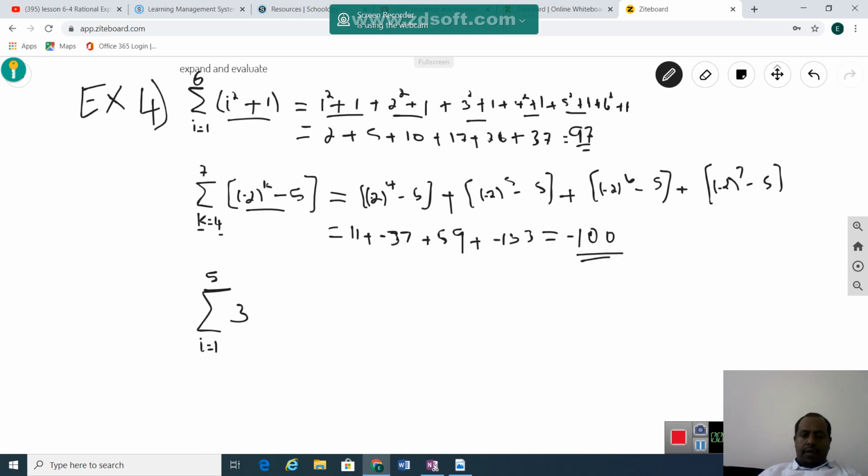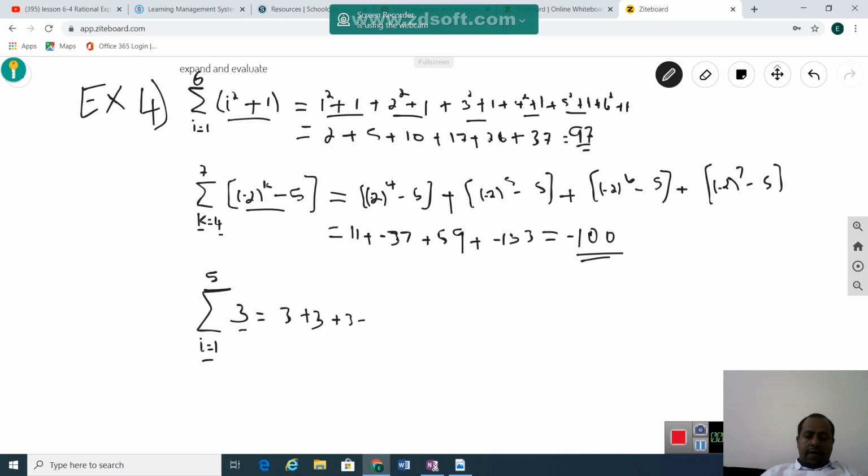Let's go to the next one. Here i runs from 1 up to 5, and the general term is 3, which means that for any value of i, a_i is 3. When i is equal to 1, it is 3. When i is 2, again it is 3. When i is 3, again 3.